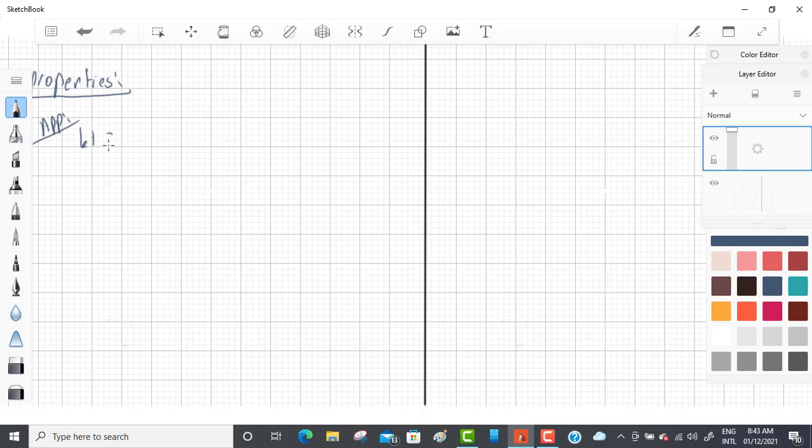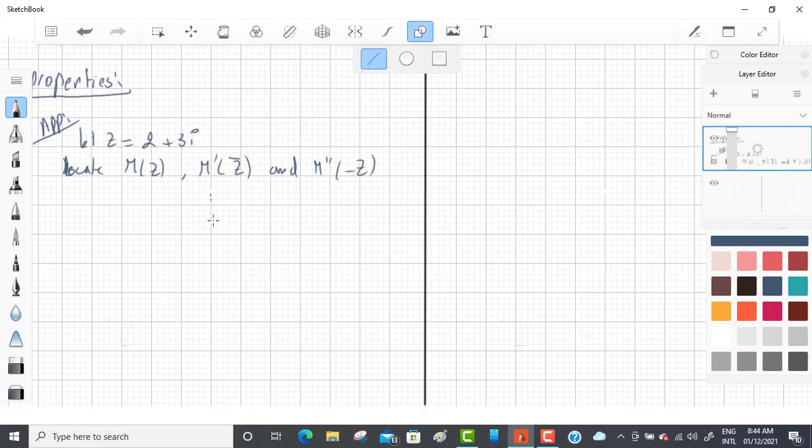Application. Let z equal 2 plus 3i. Represent or locate the point M of affix z, the point M prime of affix z bar, and the point M double prime of affix minus z.